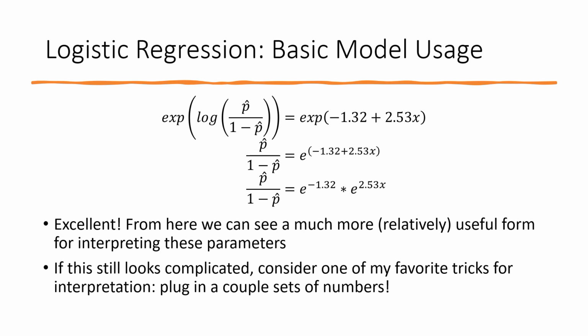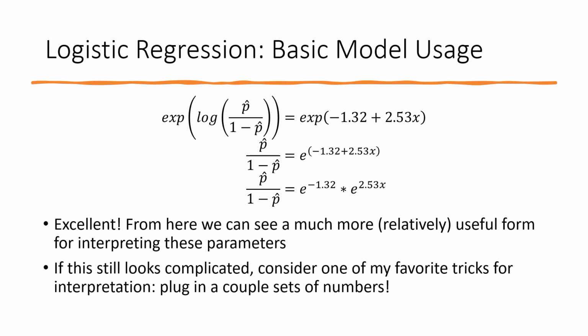Now, one of my favorite tricks in dealing with things like logistic regression is to plug in a couple of numbers for a couple of different cases. That really helps me to make an interpretation. If I'm dealing with a bunch of independent variables, I'll set all of the other independent variables to equal something, usually their average value. Then I'll change one at a time to see what effect it has on the odds or even the probability.